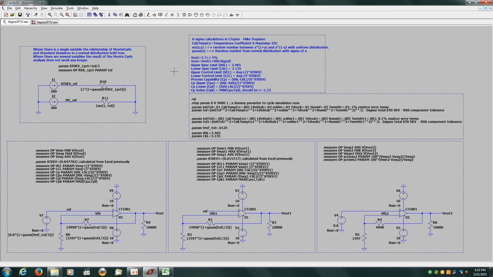When you run that simulation, you could then go through and derive these values that are part of a Six Sigma analysis. And ultimately, you're looking for this CP index or CPK, and typically you want that to result in a value that's greater than or equal to 1.33.